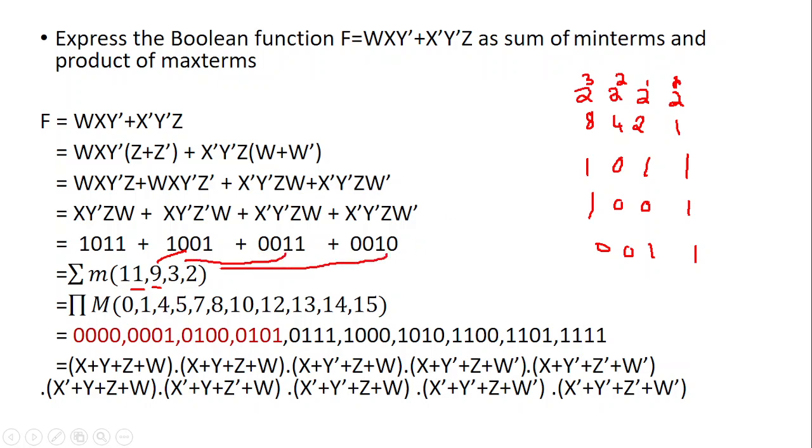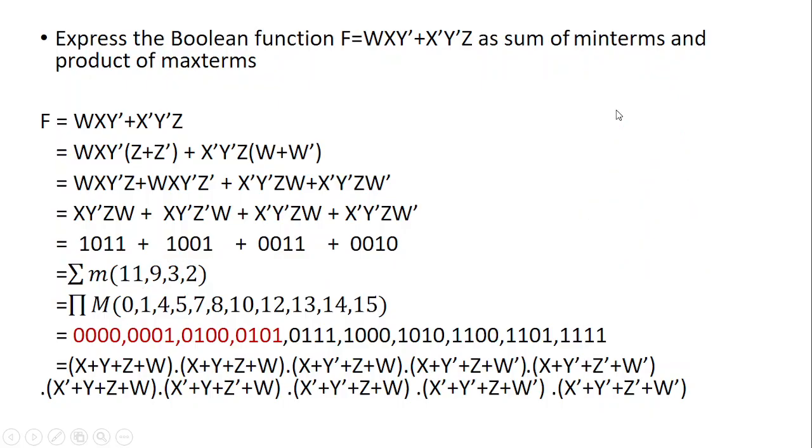This next term is 2. These are all min terms. What is missing? Up to 15 numbers were there. 0 is not there in this one. 1 is not there. 2 is there. 3 is there. 4 is not there. 5 is not there.